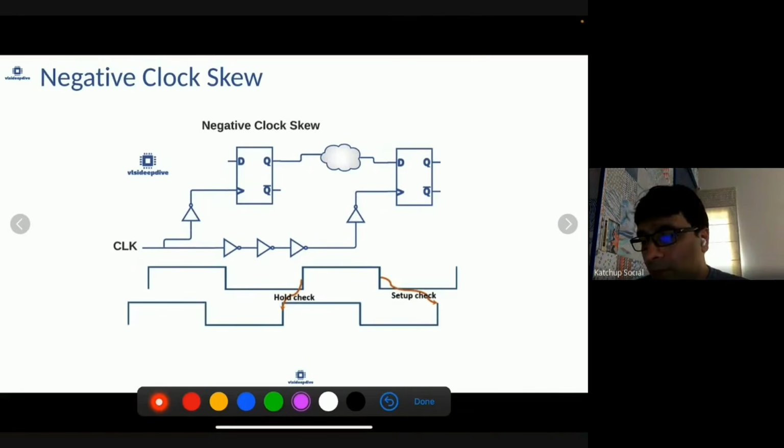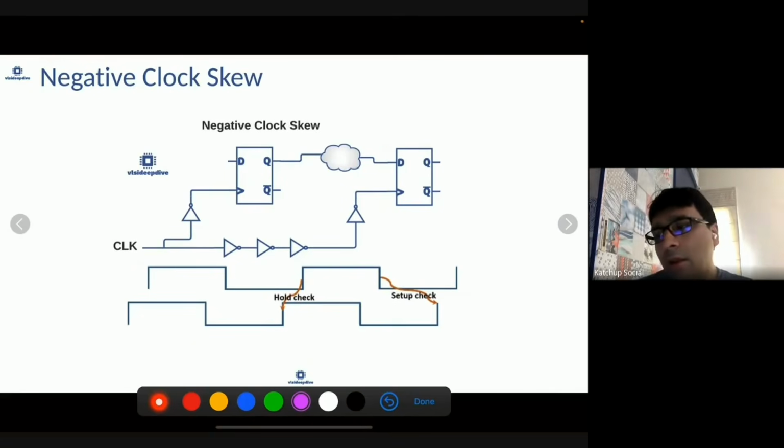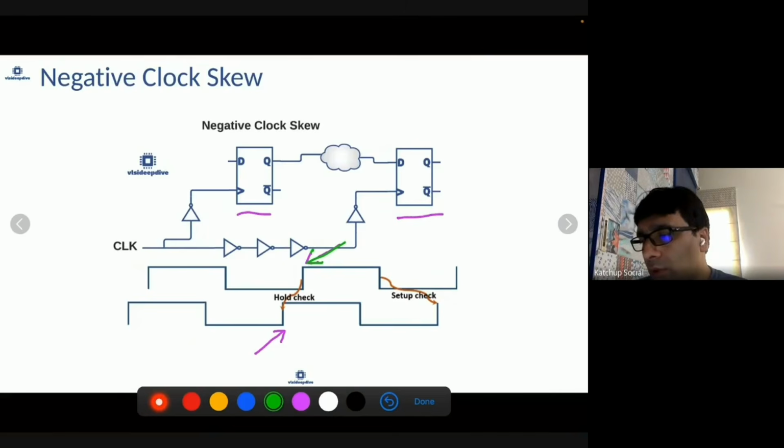It can also happen that you skew between launch and capture in such a way that the capture clock reaches earlier, while the launch clock reaches later. So if there were no clock skew involved, you were launching the data here and you're capturing the data here.